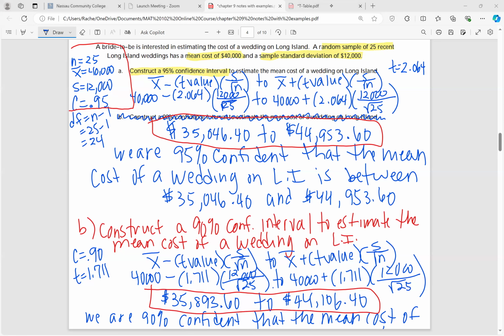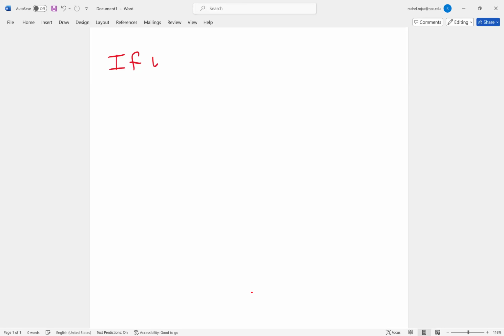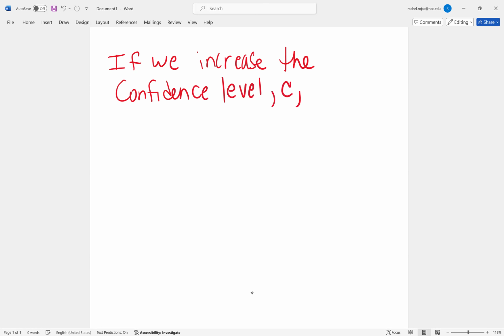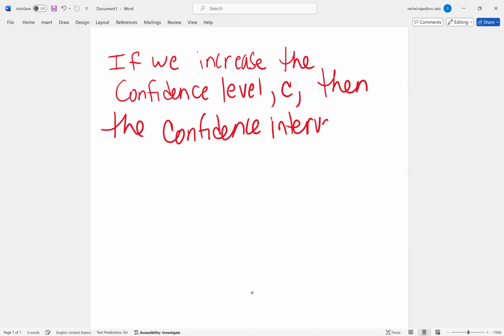So if we increase the confidence level, C, then the confidence interval gets wider.